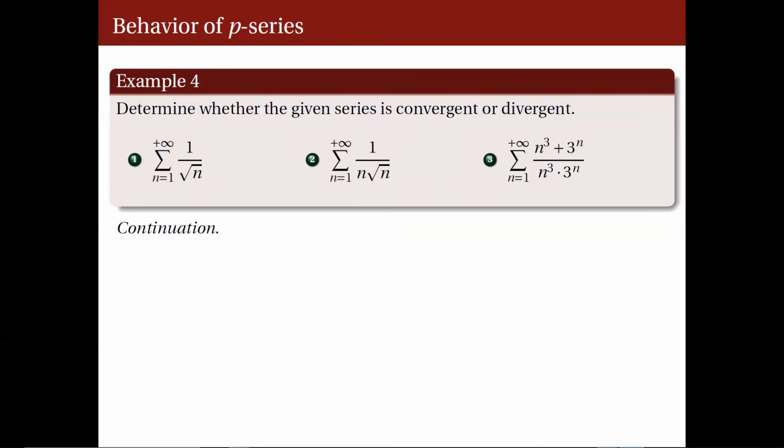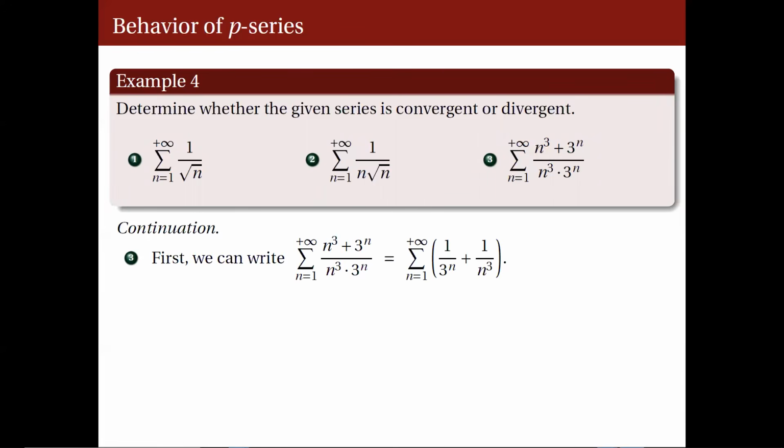Sa pangatlong item natin, sa unang tingin mukhang hindi ito P-series, kaya isusulat natin ito as a summation of 1 over 3 to the n plus 1 over n cubed. Maihihiwalay natin ito sa sum ng dalawang series. Yung una ay summation ng 1 over 3 to the n at ito ay convergent dahil ito ay isang geometric series with r equal to 1/3.